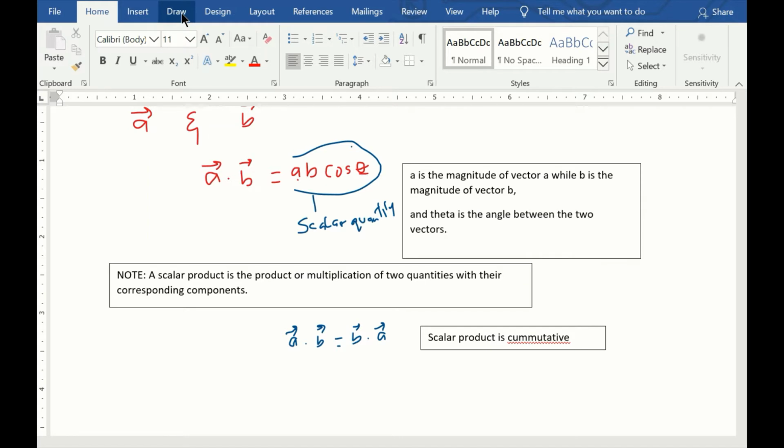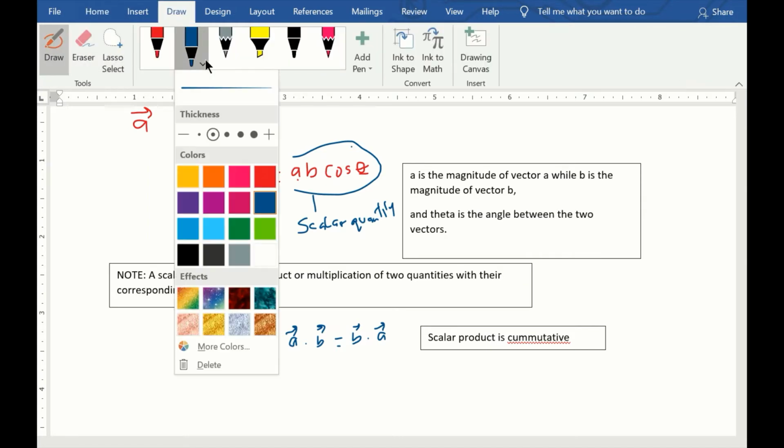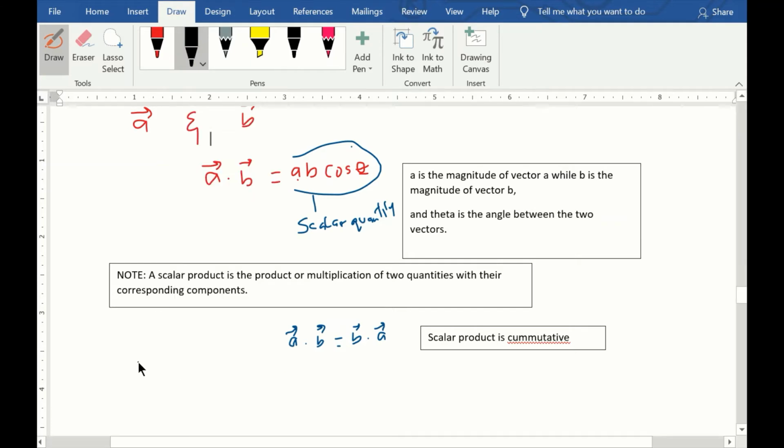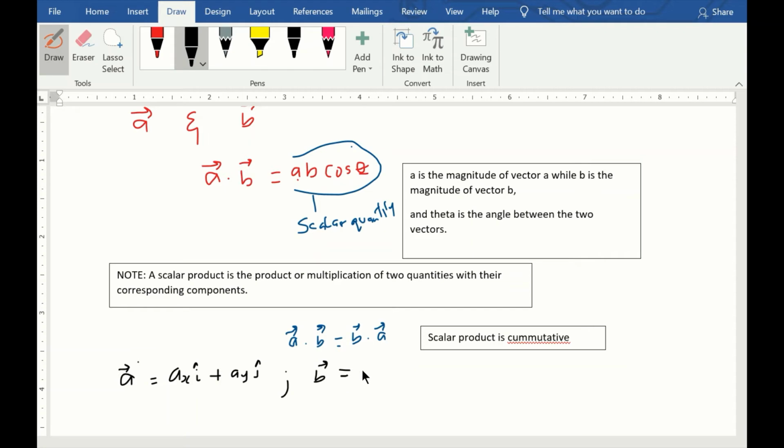If I'm given a question, let's say my vector A is given as AX i plus AY j, and my vector B is given as BX i plus BY j.